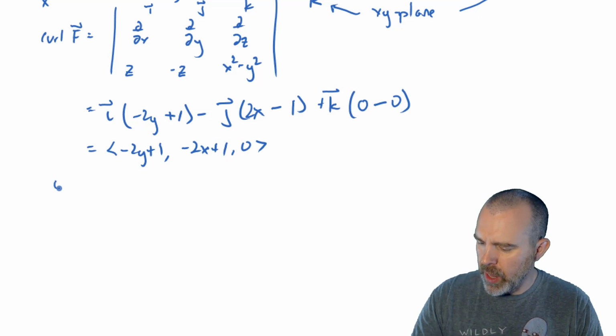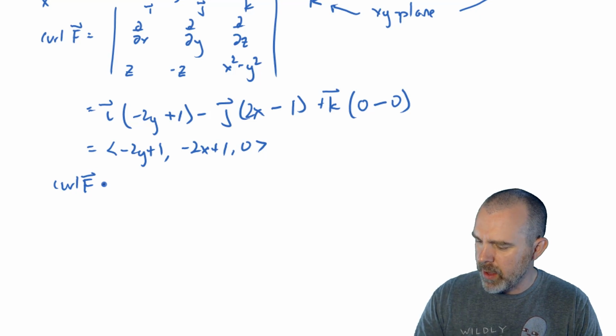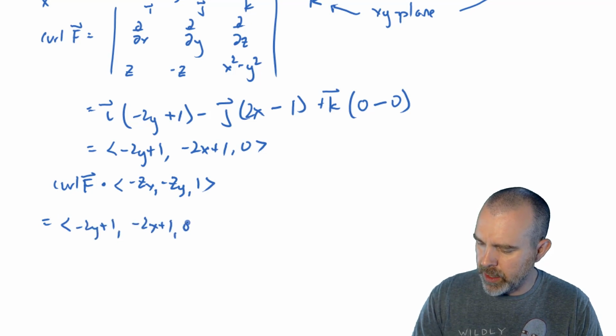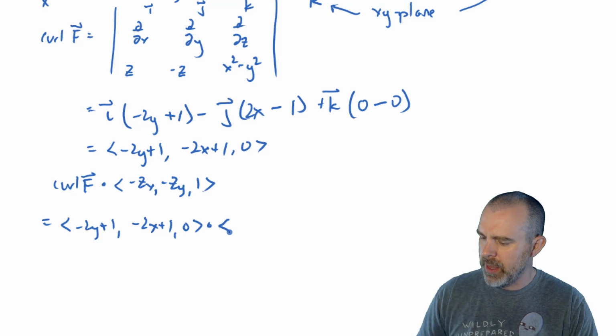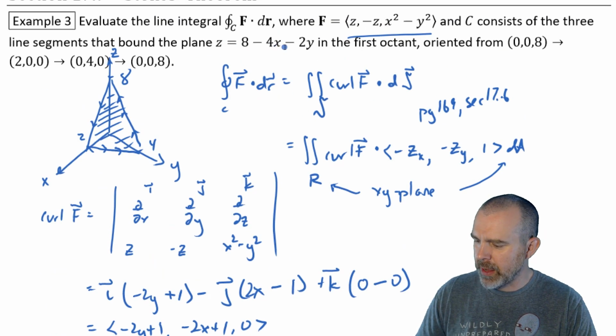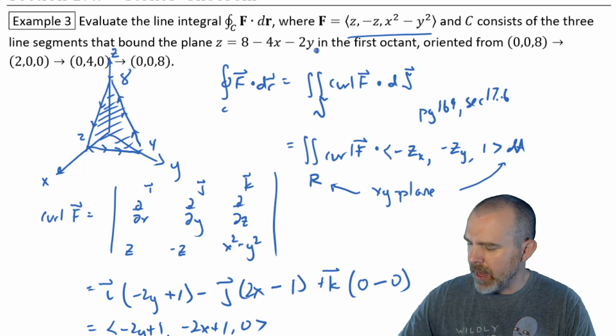Okay, so the curl of F dot product with our negative z_x, negative z_y, 1 will be equal to negative 2y plus 1, negative 2x plus 1, 0, dot product with, where's my z? z is 8 minus 4x minus 2y.